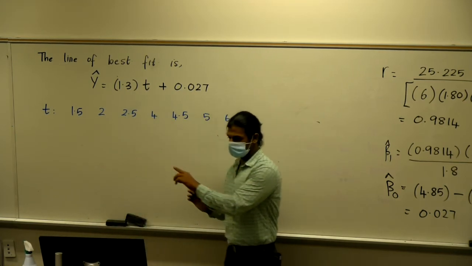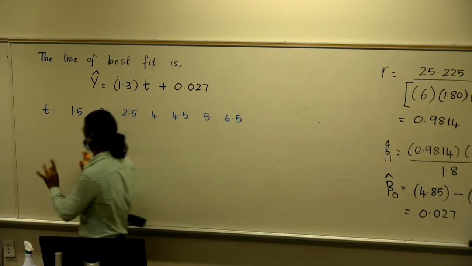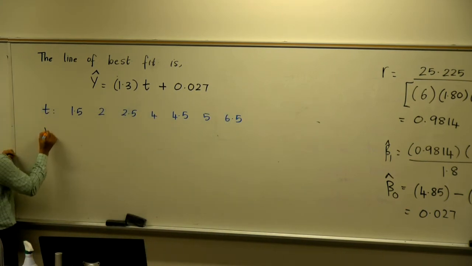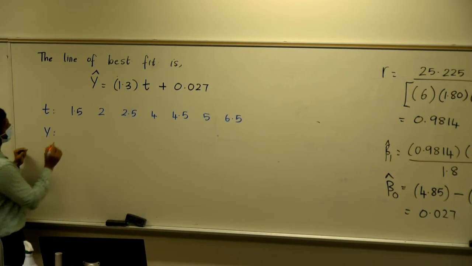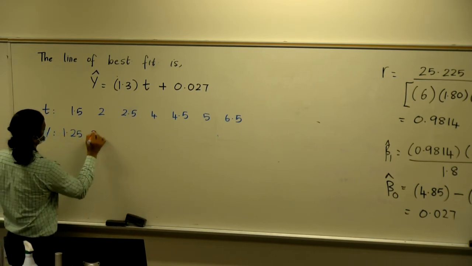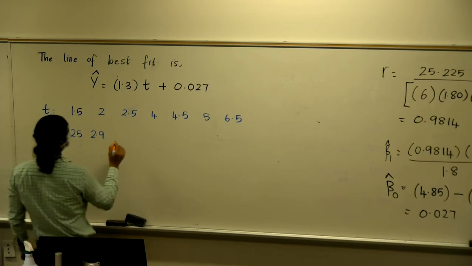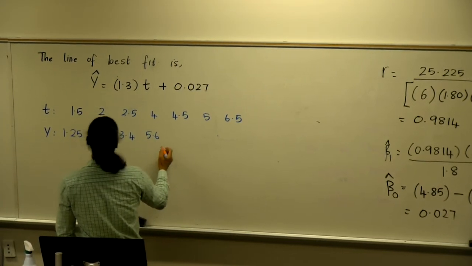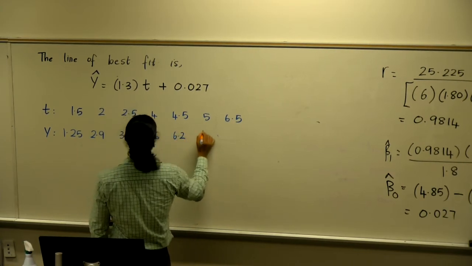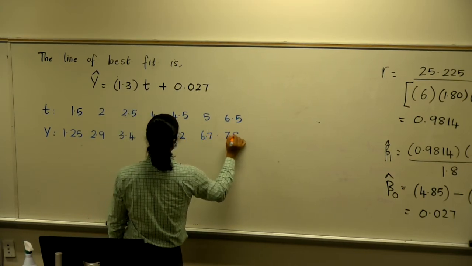So those are the t values or the x values from the sample: 1.25, 2.9, 3.4, 5.6, 6.2, 6.7, and 7.9.